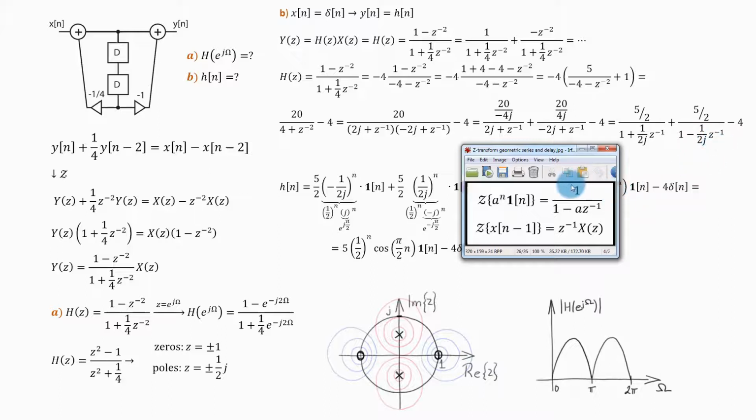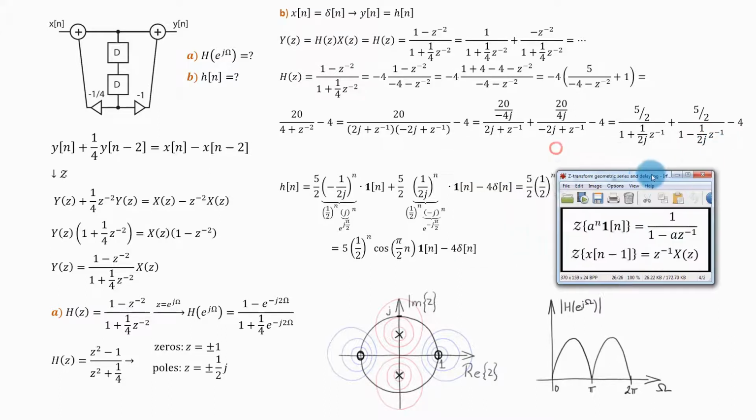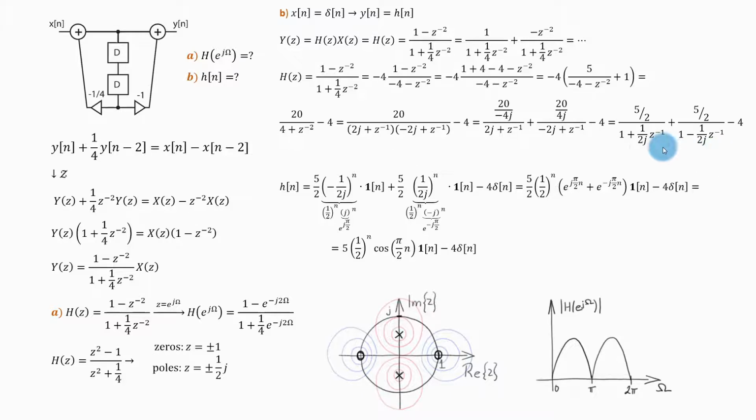And now using this formula, I can write that the inverse z transform of this partial fraction is this, and the inverse z transform of this partial fraction is this. The inverse z transform of a constant is just a Dirac delta pulse multiplied by that constant. So this is the impulse response of my system.